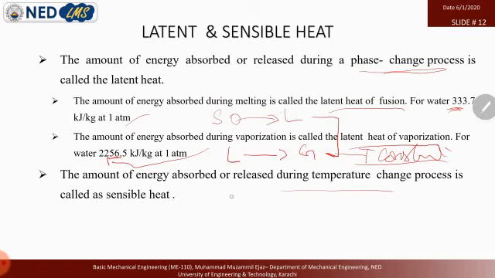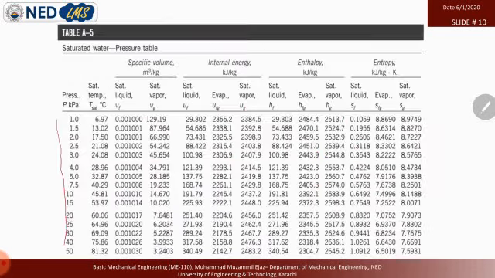In the remaining processes, when you apply the heat, it will change the temperature. When you are giving heat to the system, the temperature is increasing. When you are releasing heat from the system, like in a refrigerator, you are decreasing the temperature.